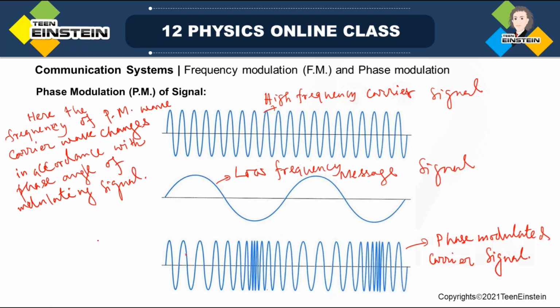I'll explain why. So suppose phase angle is 0 over here, some 90 over here and 2 pi over here. If you see, the phase difference between this point and this point is 90, this point is again 90, but this point and this point are 180 degree out of phase.